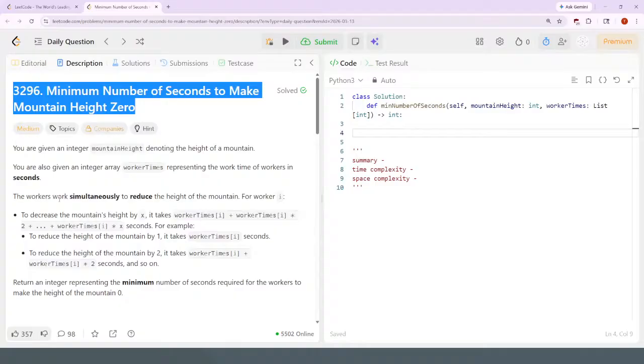For worker i, to decrease the mountain height by x, it takes workerTimes[i] plus workerTimes[i] times 2 plus workerTimes[i] times dot dot dot x. For example, to reduce the height of the mountain by 1, it takes workerTimes[i] seconds. To reduce it by 2, it takes workerTimes[i] plus workerTimes[i] times 2.